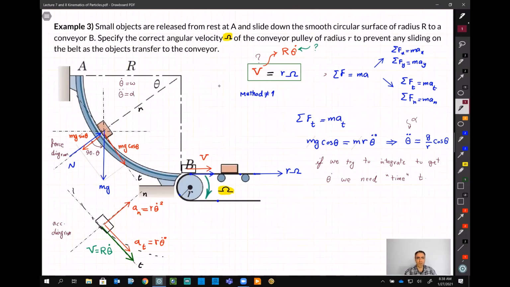We don't know how long it takes, and we don't care how long it takes for A to get to B. So this is where we need that formula that I told you is very important. I also emphasized it yesterday. If you recall, we had this formula before, which we said: omega d omega is equal to alpha d theta. Do you remember this formula?